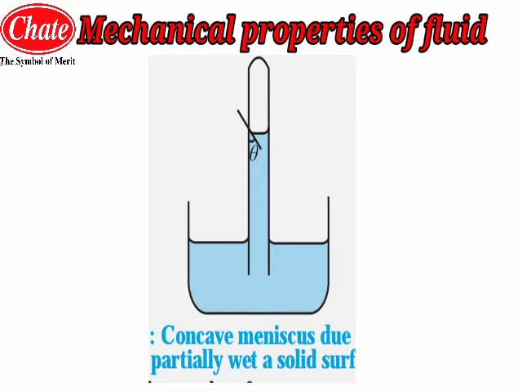So there will be two cases. The first one is the concave meniscus, formed by a liquid which partially wets a solid surface, and the second one is the convex meniscus. First of all we will study the concave meniscus. The diagram is popping up on your screen.